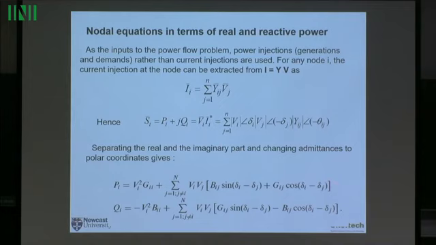Over here, Vi, Vj are the voltage magnitudes. Delta i, delta j are the voltage angles at the nodes. Gij and Bij are the real and imaginary parts of the elements of the admittance matrix.